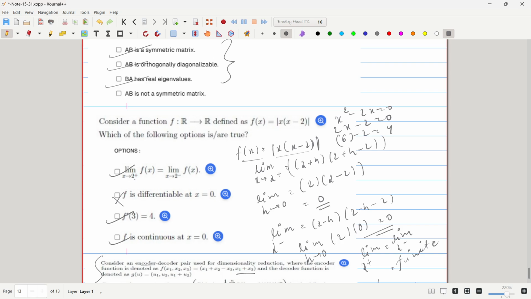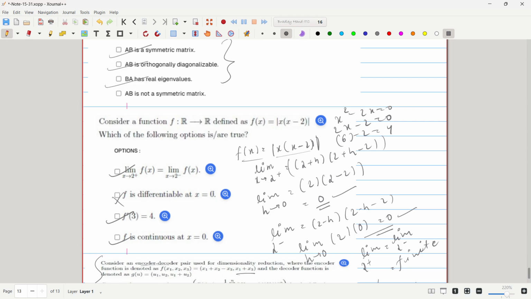For finding the limit as x tends to 2 plus, you will write 2 plus h into 2 plus h minus 2, and then h tending to 0, then 2 into 2 minus 2, that is 0. So the limit as x tends to 2 plus is 0. The same goes with 2 minus: you will write 2 minus h minus 2, and you will again get 0. So the limits as x tends to 2 plus and 2 minus are equal. So option A is correct.